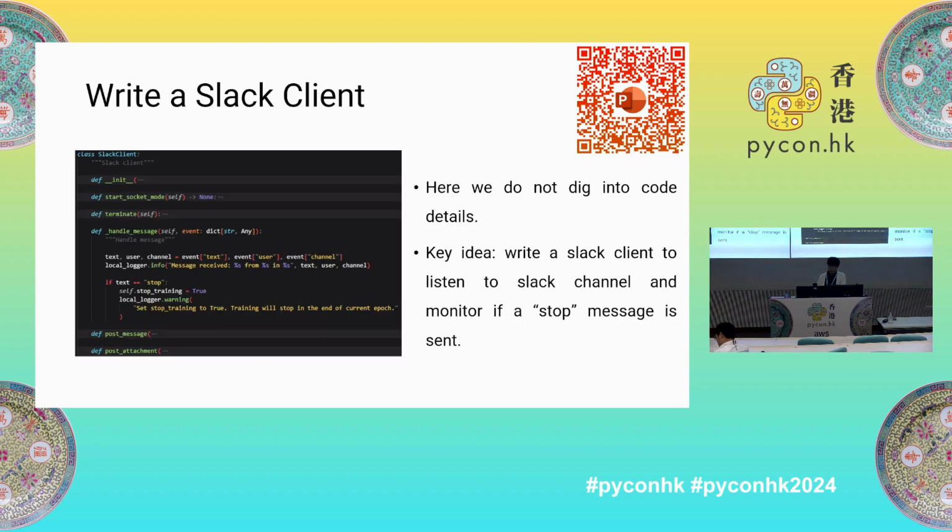The first thing we need to do is write a Slack client. Since it is a bit outside our scope today, we won't dive into the code details, but the key idea is to create a client that listens to a Slack channel. This client will monitor for a specific message like stop and trigger a specific action in code.